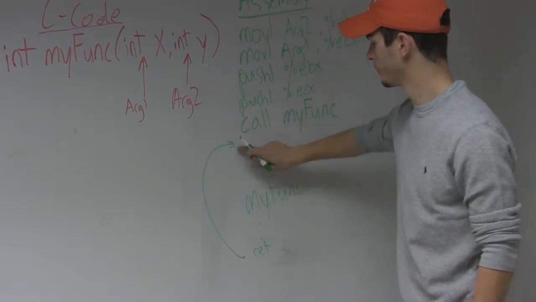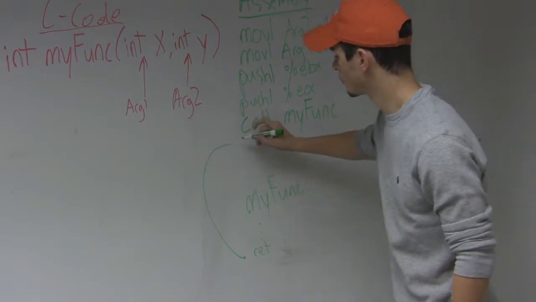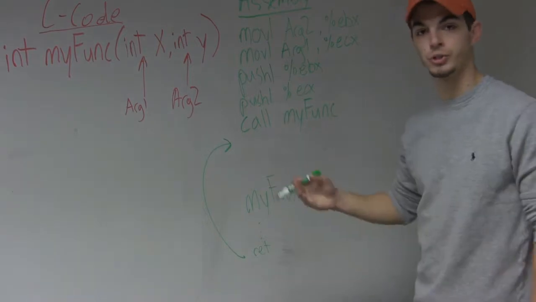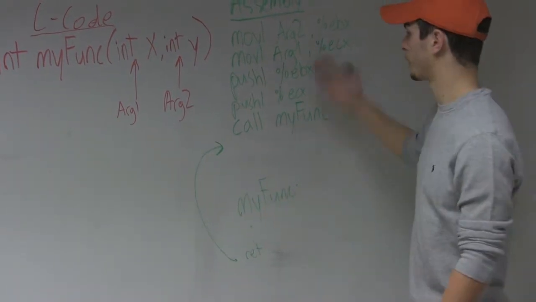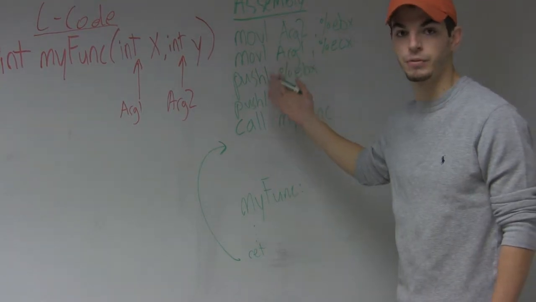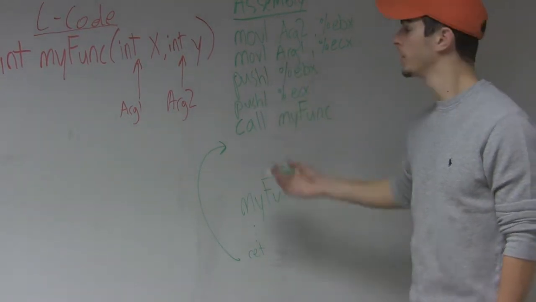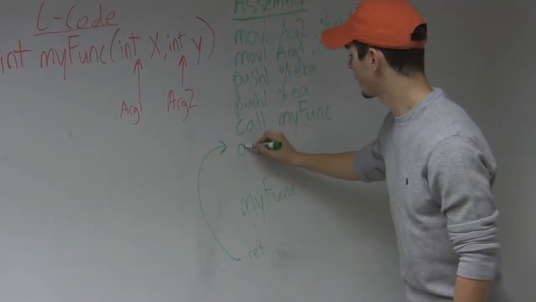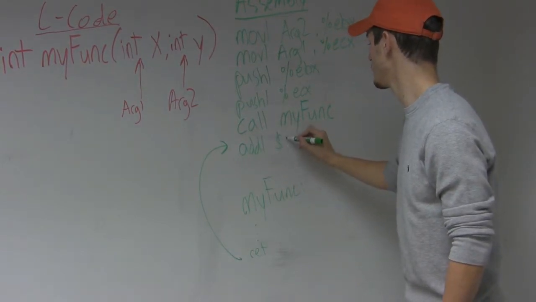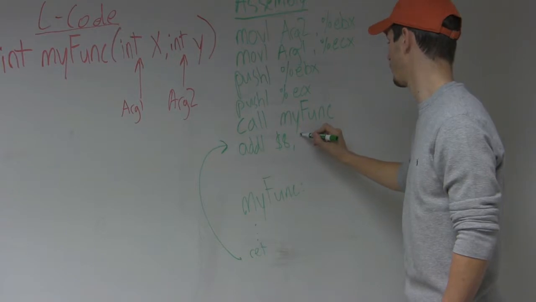and at this point, we need to add to the stack pointer in order to restore the space used up by our two arguments. And since our arguments are both integer valued, they both take up 4 bytes, we need to add 8 to our stack pointer.